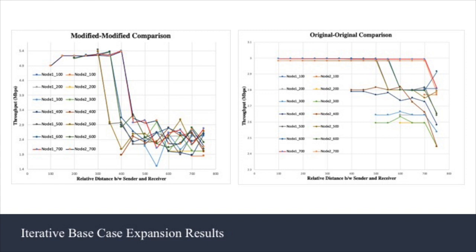But in this extreme of the graphs, our protocol modifications are performing less fairly, in that different nodes achieve a greater difference in throughput. But there is that region where our protocol modifications vastly outperform the original.